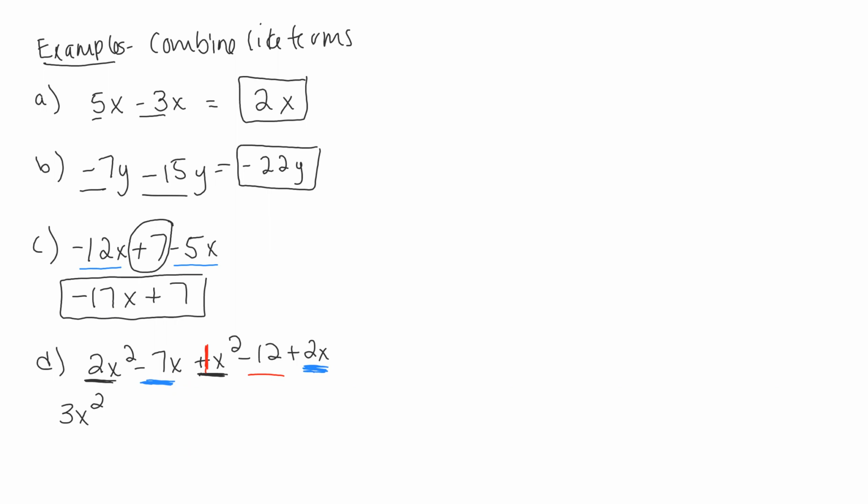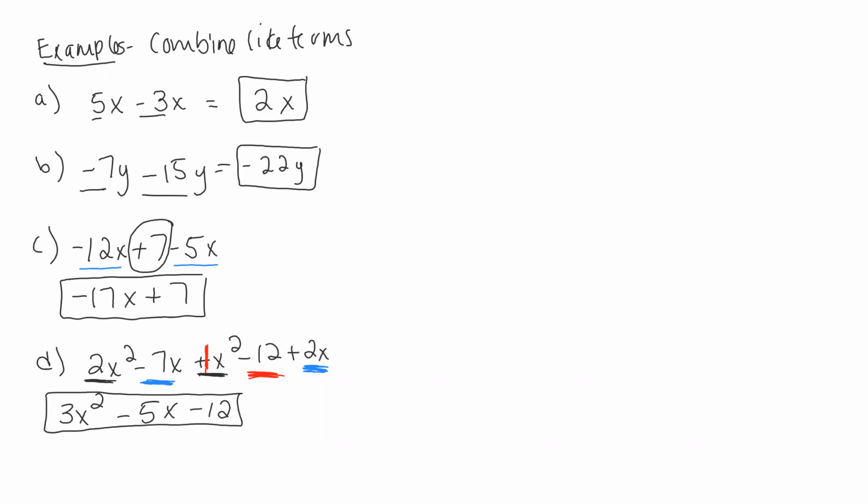Those are considered like terms. So I want to take my negative 7, add 2, I get negative 5x. And then finally, we have this constant here all by itself. There's nothing to combine it with, so we just drop it down. And that's it. Okay, so you can have something really simple like examples A and B, or you can have things that are a little bit more complicated like C and D.